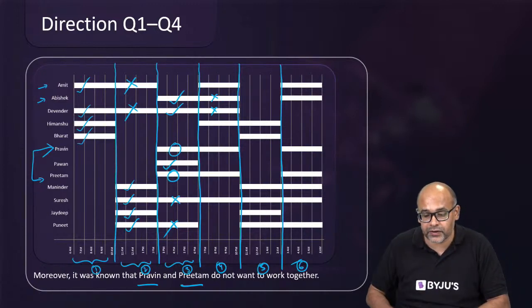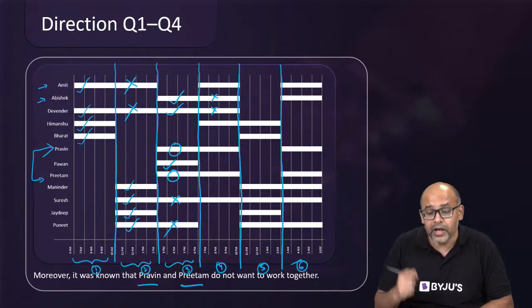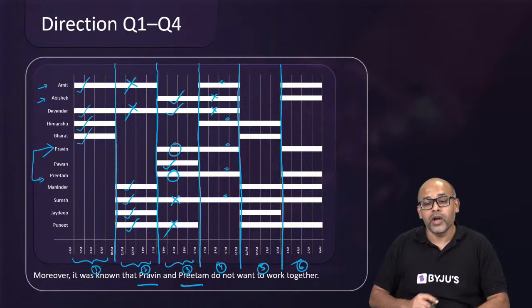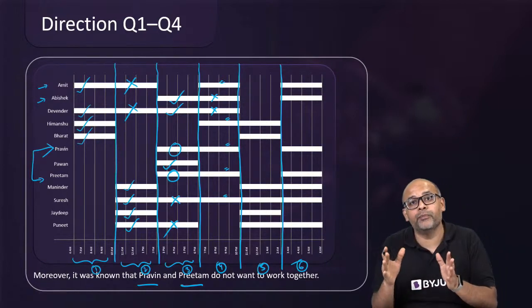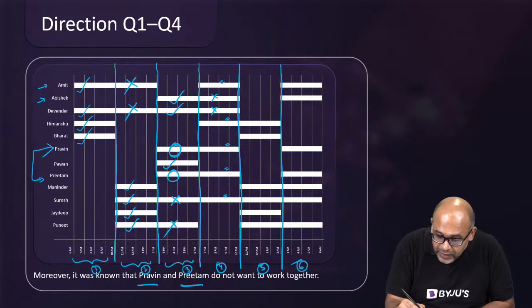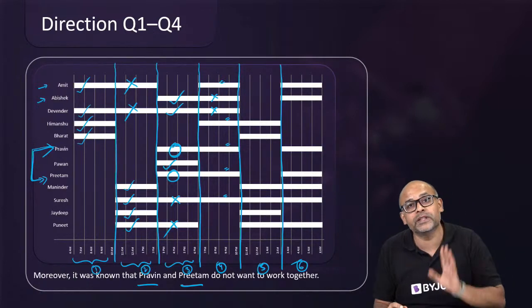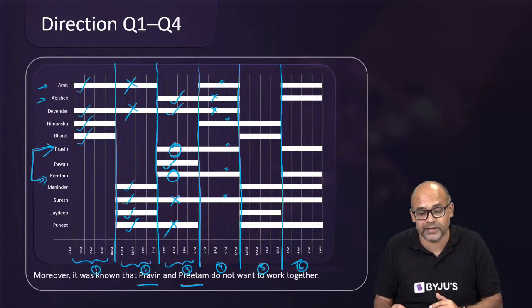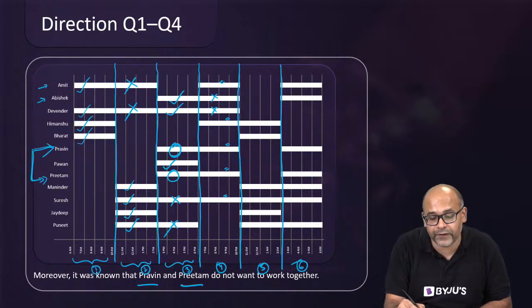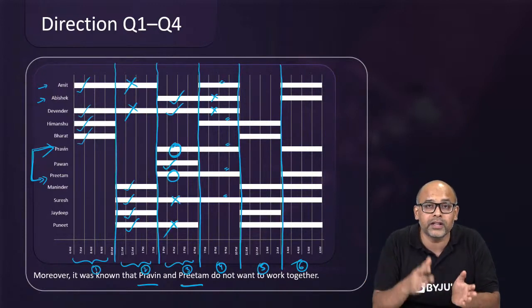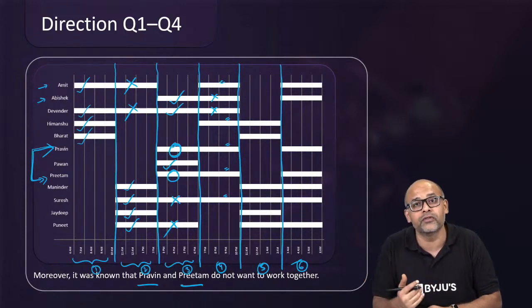Now look at the shift number 4. Shift number 4, again how many people you have? You have 1, you have this person here, 2, 3, 4 and 5. Now please notice I have 5, but here among these 2, Praveen and Preetham, only one person will work. Once again the same logic applies. So whoever worked in the third shift will not work in the 4th shift, and whoever did not work in the third shift will now work in the 4th shift.